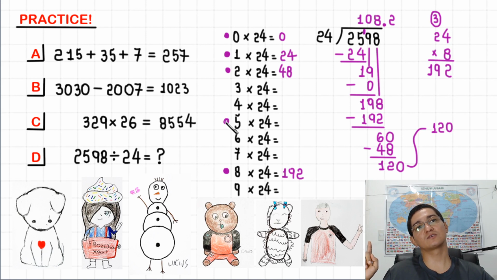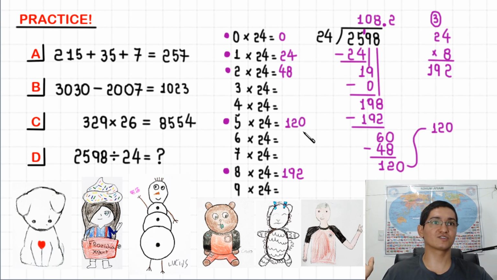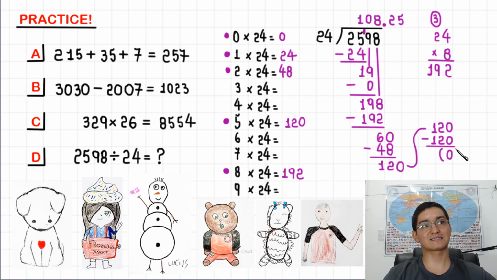I can do it using mental math, because I know that 5 times 20 equals 100. 5 times 4 equals 20, so 120, right? 5 times 24 equals 120, so I write 5 here. I write it here, and then I subtract, and finally we have 0, so we have here an exact division.